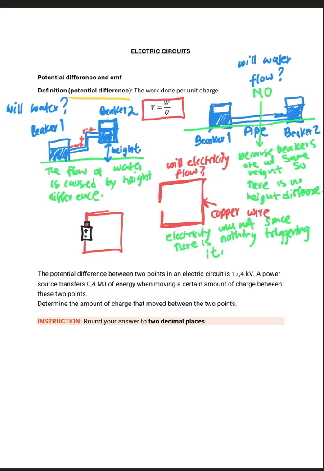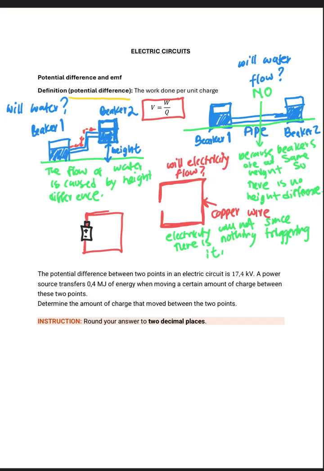Because I've brought my battery, this battery is going to create what we call potential difference. That potential difference is what is going to create the flow of electricity.